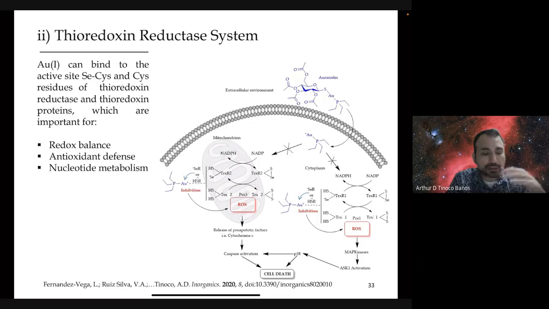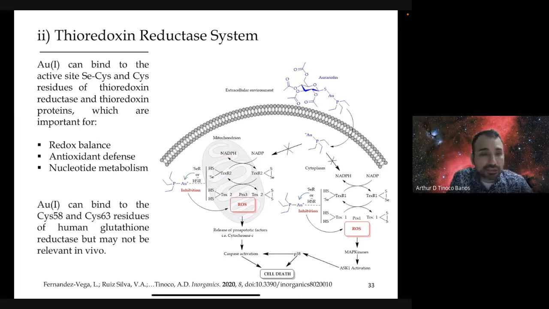Here, as we know, the gold can bind to the active site selenocysteine or cysteine residues of thioredoxin reductase and the thioredoxin proteins. We know that these proteins are responsible for redox balance. They play an antioxidant defense role. They also play a role in terms of nucleotide metabolism.